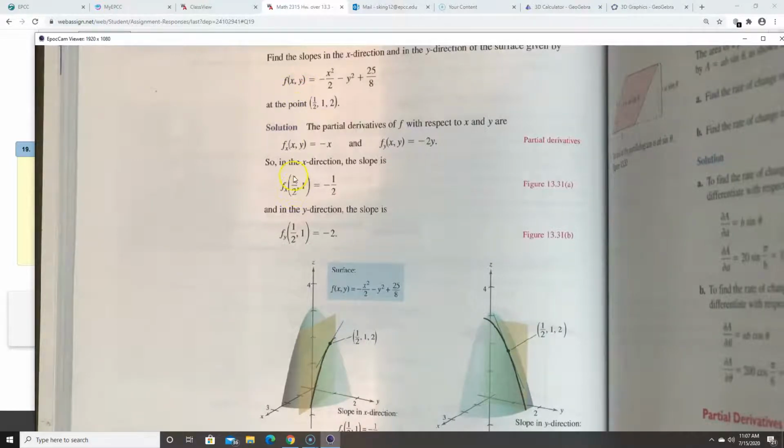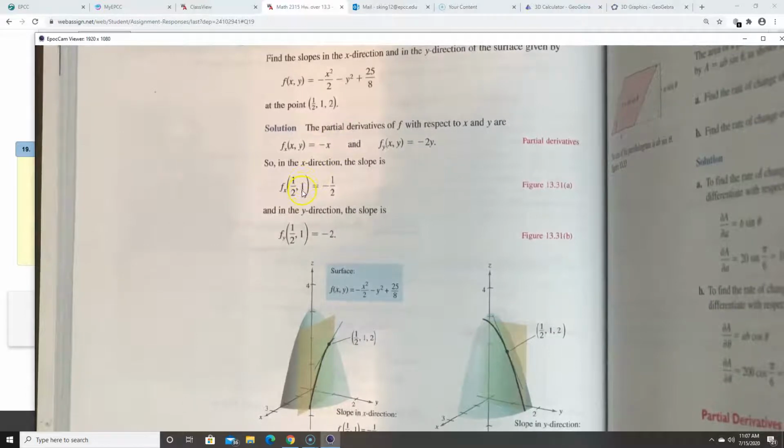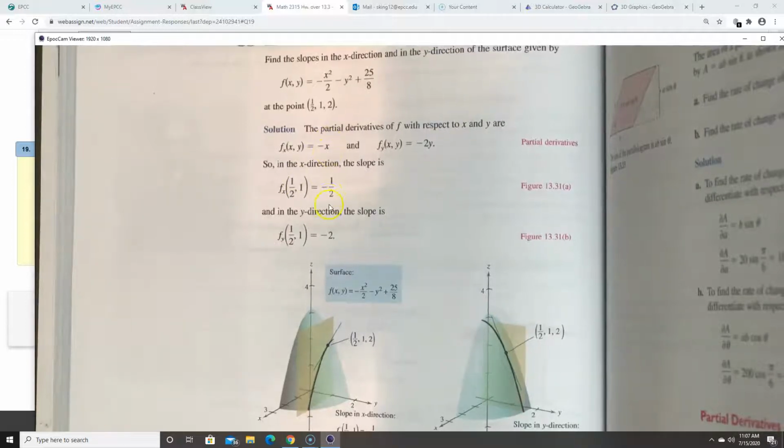And when you plug in 1/2 for x and 1 for y, well, there's no place to plug the y value right here, so you don't substitute the 1. This y equals 1 doesn't have an impact on this particular derivative right here, but the x does. So you put the 1/2 in for x and you get negative 1/2, and there you go, which was the slope of this right here.